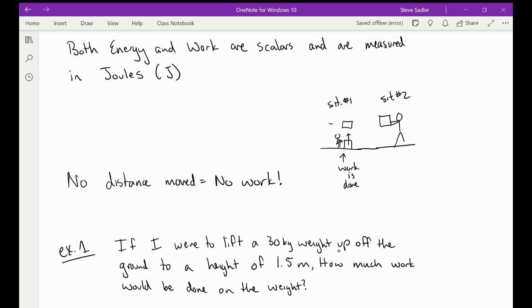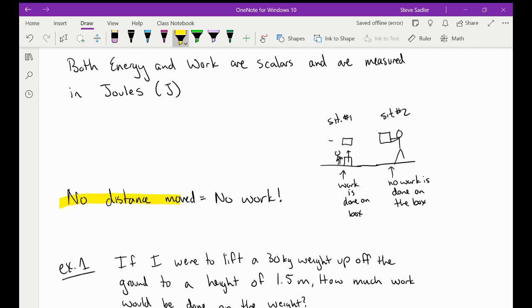So in this case, if we're looking at the work done on the box, because it's not moving, no displacement, no distance, no work is done on the box. Let's add that there. So basically, no distance moved, no work.